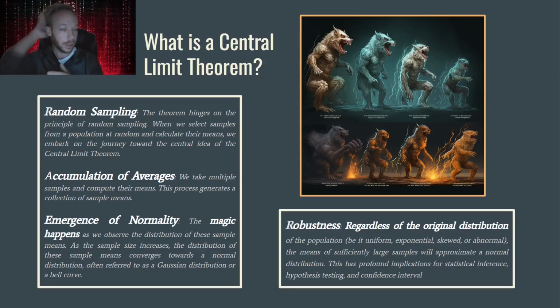Okay, so we're going to sample, collect averages. What will happen is the emergence of normality. So as we collect more of these averages, we'll start to get a more perfect normal distribution. This happens regardless of the original distribution. If it was an exponential, abnormal, normal distribution, we'll get the normal distribution from plotting this.